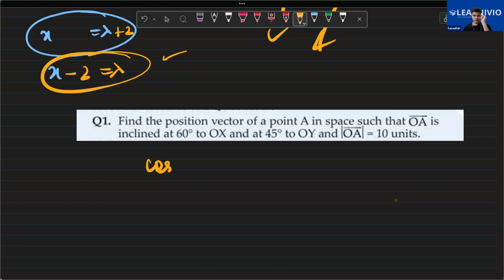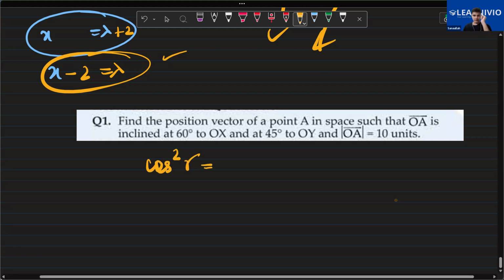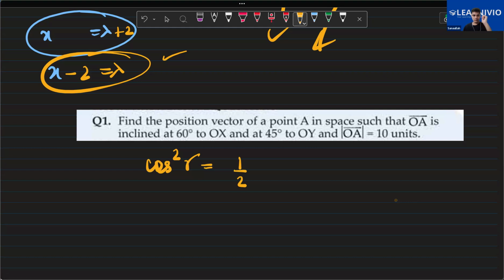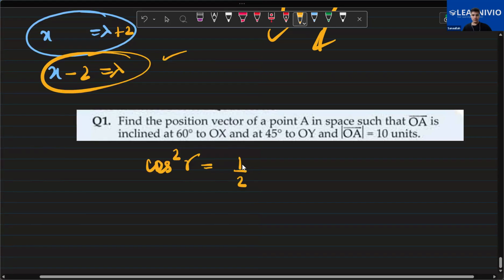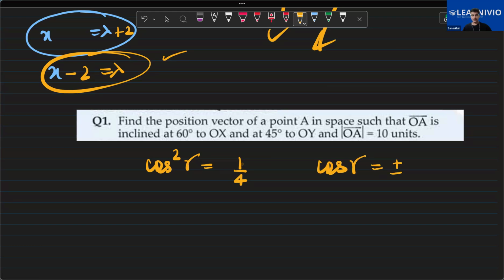When you solve this, cos square gamma is equal to, sorry, not 1 by 2, it's 1 by 4. So from here you will get cos gamma is equal to plus minus 1 by 2.